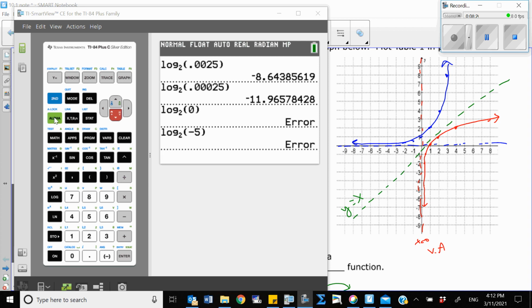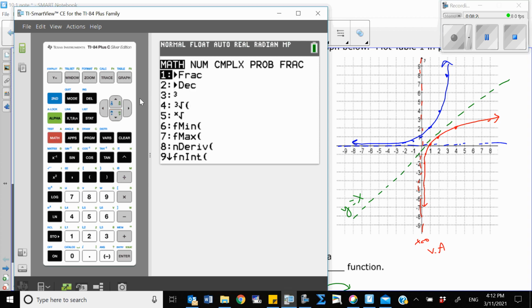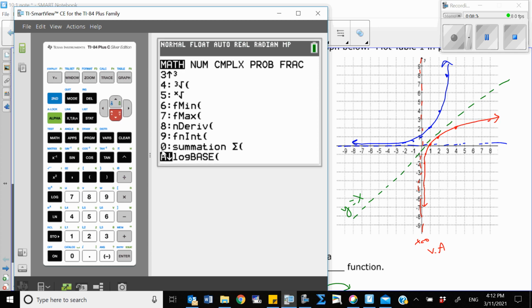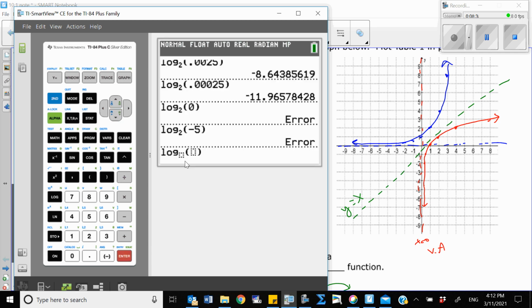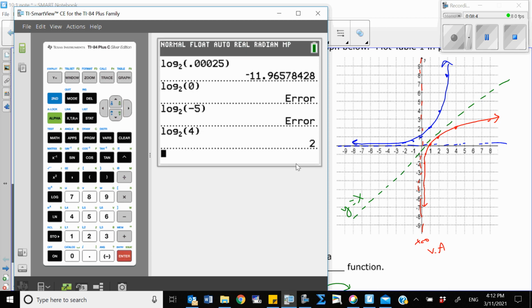I can go to math and then go down here, where it says A, I have log base. This gives me log with different bases. I can use any base that I want. For example, log base 2 of 4 is equal to 2. That means 2 to the power of 2 is equal to 4.